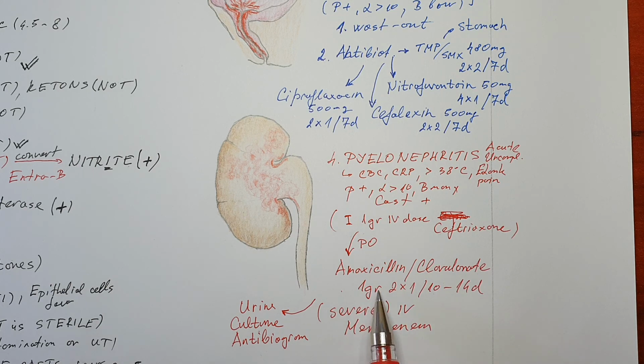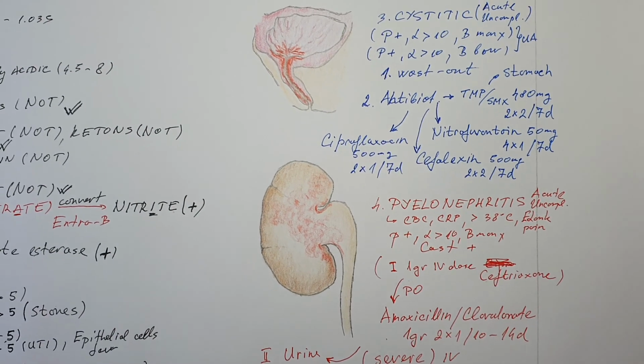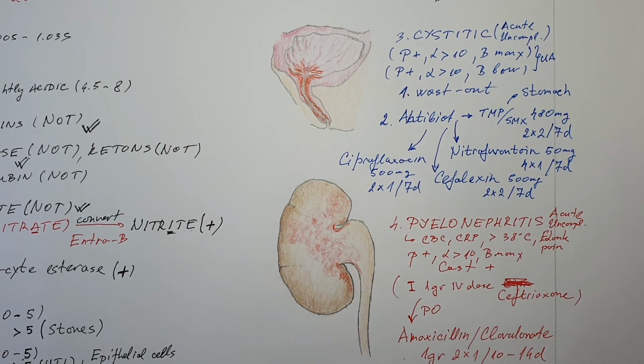Then we would switch from this initial therapy to a more specific secondary therapy that targets the pathogen better. So this would be a basic analysis of the treatment and the basic look at the diagnostics of urinary tract infections.